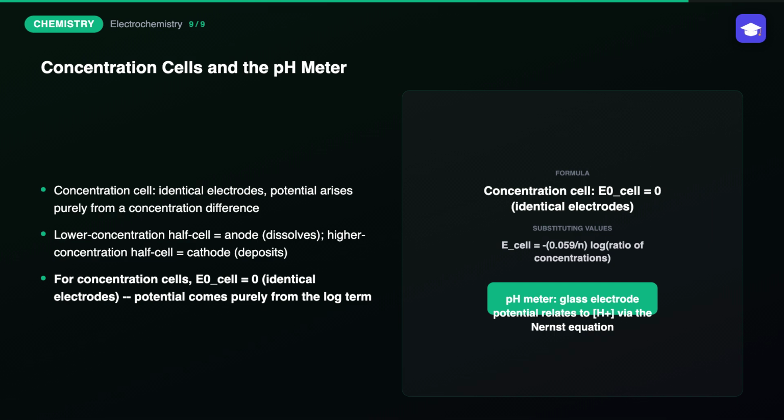The glass electrode pH meter is a particularly important real-world practical application of exactly this same underlying concentration cell principle.